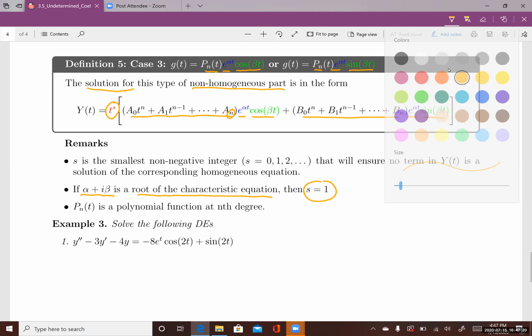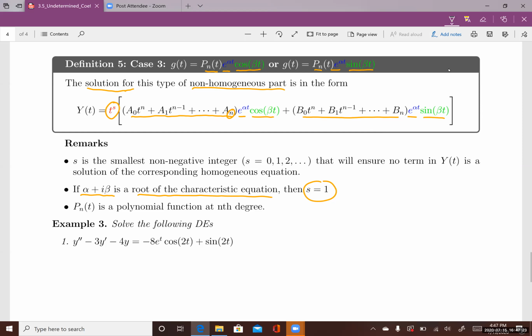You find alpha in your g of t, right here, and you find beta right here. Here are alpha and beta. And if alpha plus i beta is a root of the characteristic equation, then s will be increased to 1. Otherwise, s will be 0.